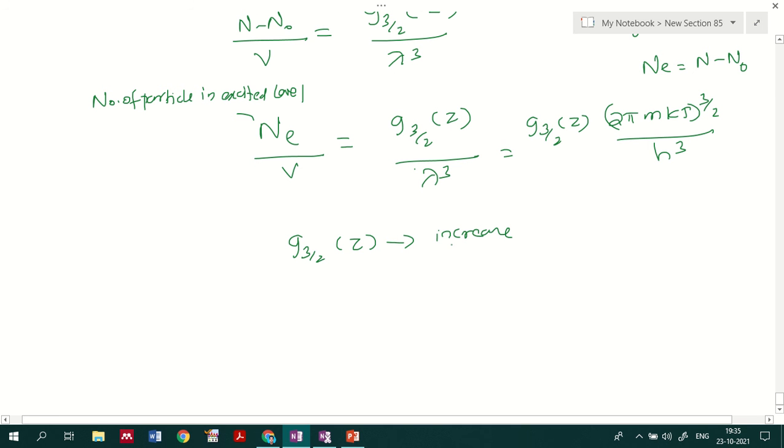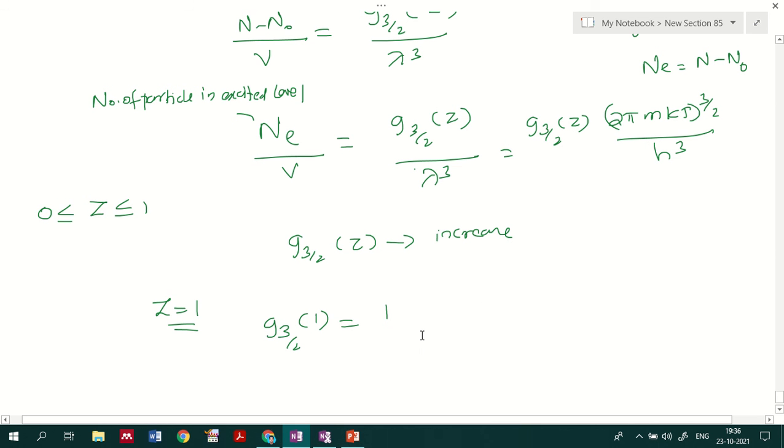That means we have a condition for the number of particles for z equal to 0 and z equal to 1. If z equals 1, you have the maximum occupancy for the particles. If z equals 0, the levels are empty. So considering z equal to 1, the maximum occupancy condition, g3 by 2 of z is equal to 1.